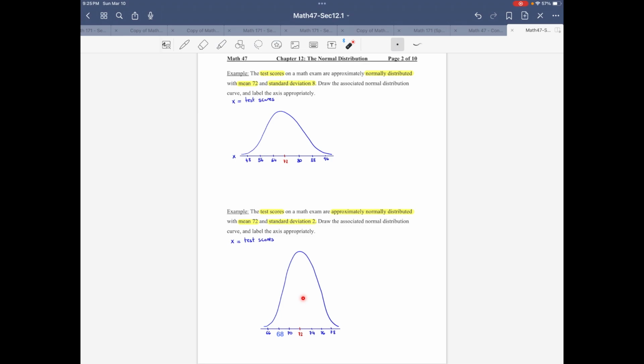The area under this curve is also 100%. If the second example has a shorter horizontal distance, but with the same area, what do I do to make the area the same? I have to increase the height of the curve. That is the reason why this curve is higher than the curve from the first example, because we have a shorter horizontal distance.